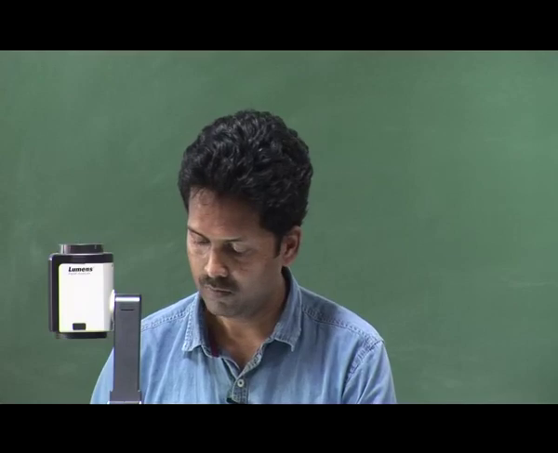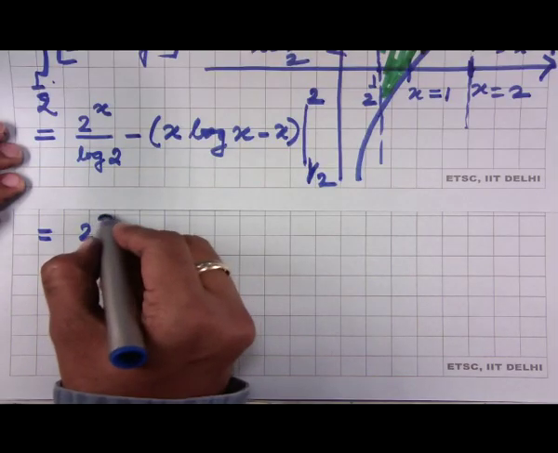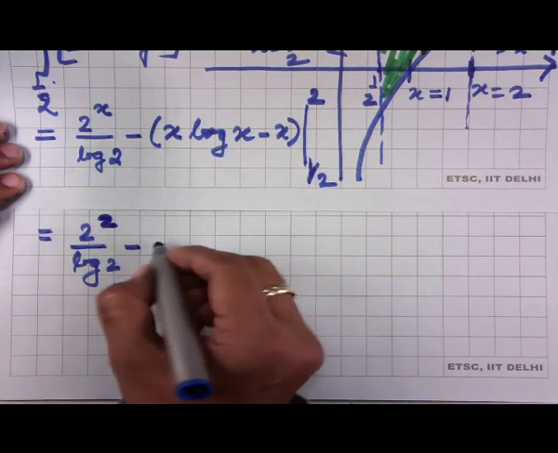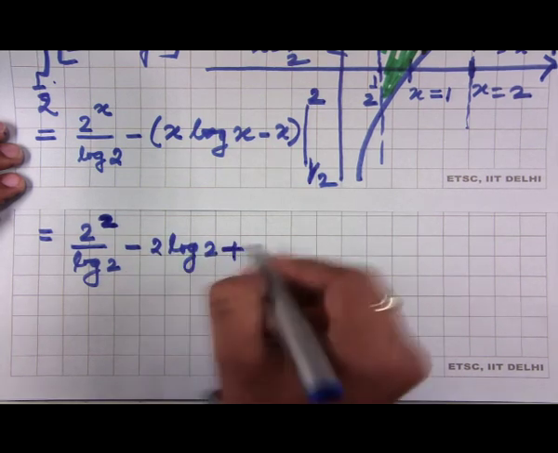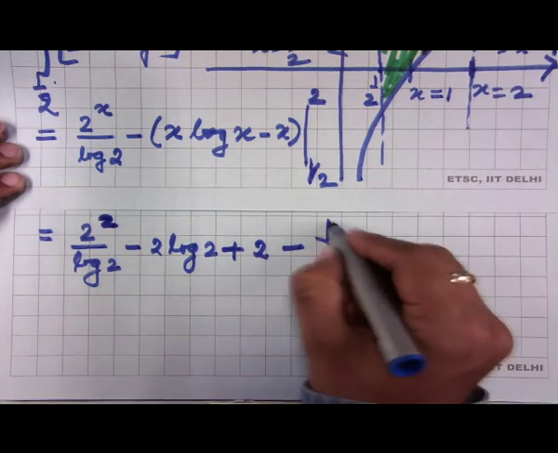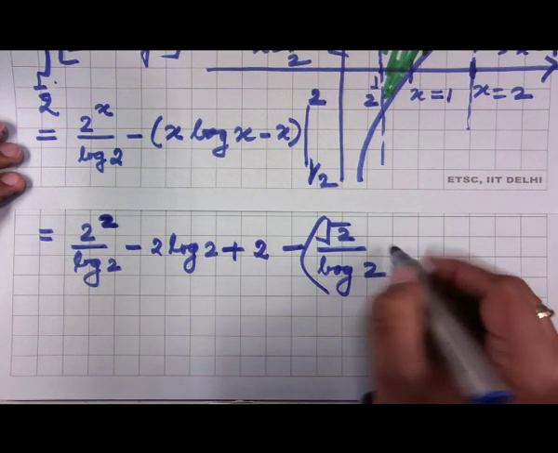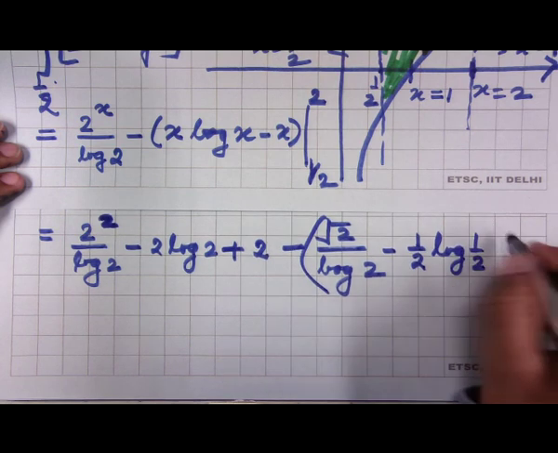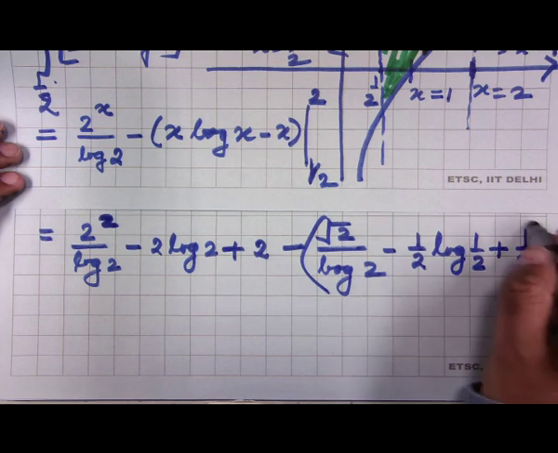So the value is therefore, at 2 you will get 2 square by log 2 minus 2 log 2 plus 2, minus, at half you will get root 2 by log 2 minus half log half plus half.